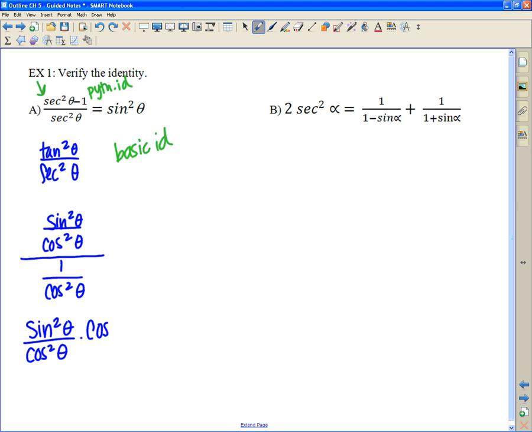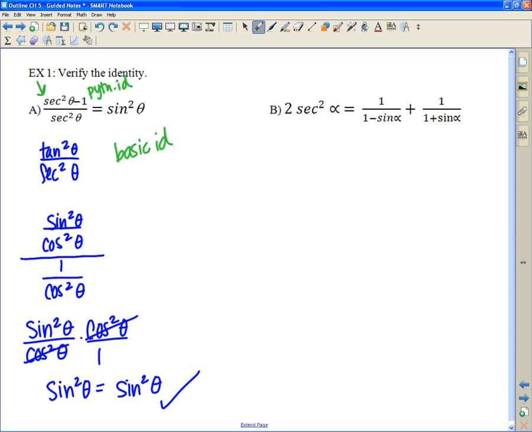You flip the second fraction and multiply. So now I see sine squared over 1, which is sine squared, which is what we were trying to get. Now, if you want to, you can write sine squared every single time, just to help you maintain a goal and keep it in mind. Oh, you get to put the check mark because it makes you feel better.